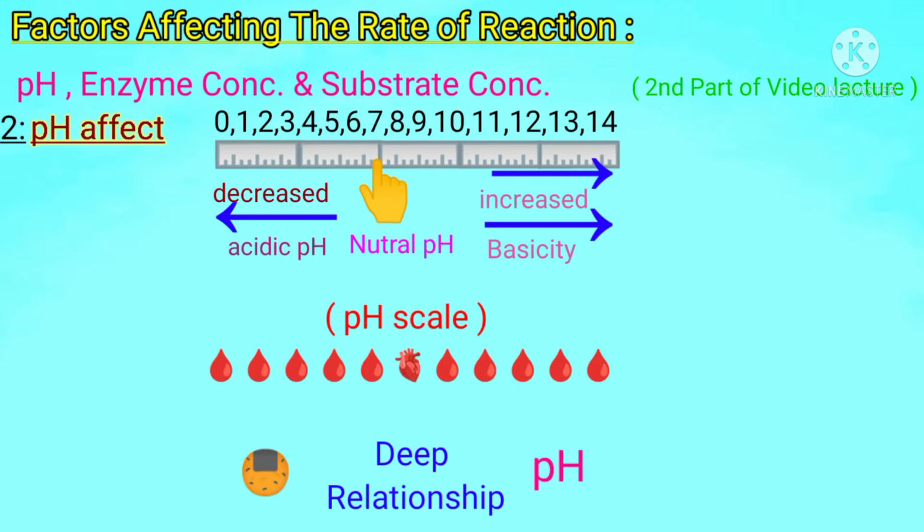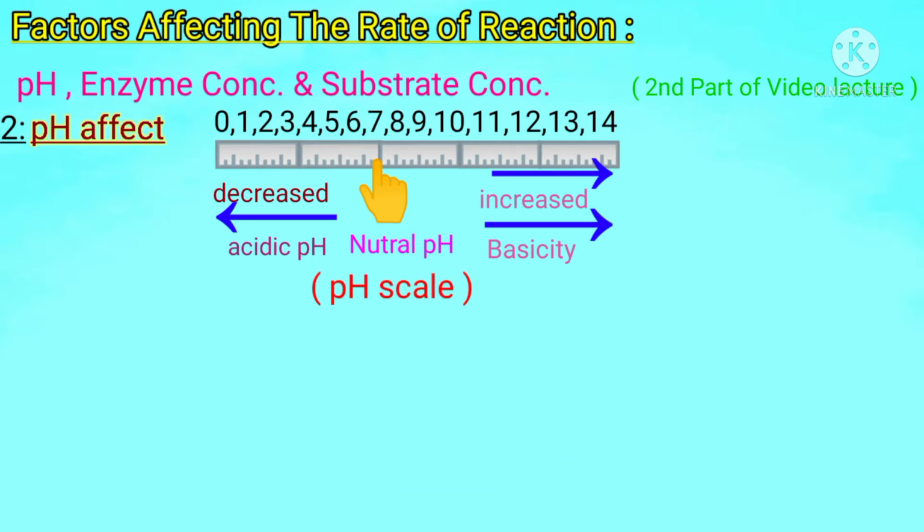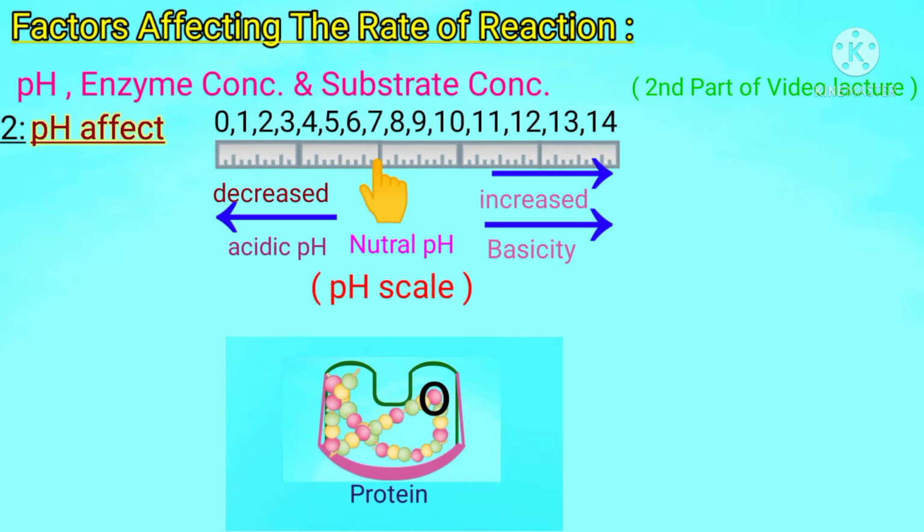If we change the pH more or less from that pH, then the enzyme can't perform its function and its activity will be disturbed, because the pH affects the amino acids. Students, how? Let's see. Beforehand, if an enzyme's amino acid has a positive charge, then by changing the pH, this positive charge can become negative or neutral.